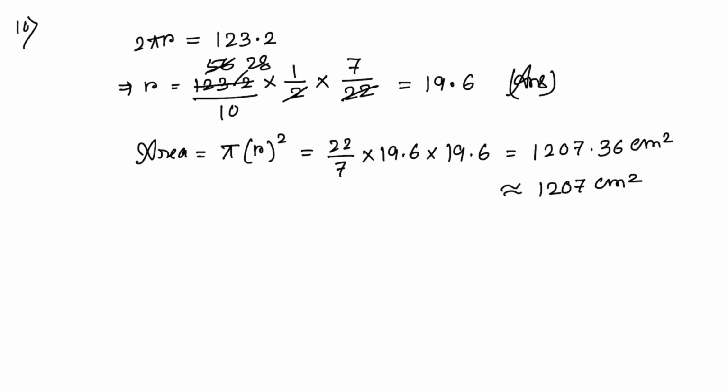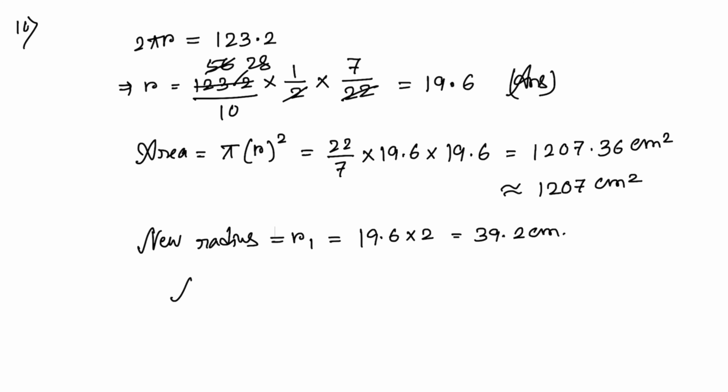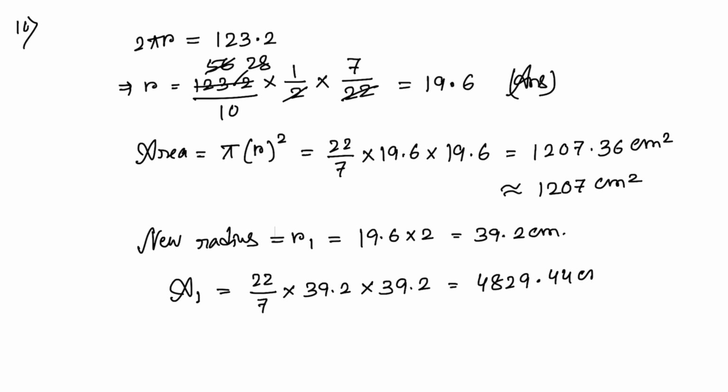And now the third one, the effect on the area of the circle if the radius is doubled. The area is 1207, and if the radius is doubled, the new radius, suppose r1, is 19.6 into 2, so 39.2 centimeter. So the new area, suppose a1, is 22 by 7 into 39.2 into 39.2, which equals near about 4829.44 centimeter square.